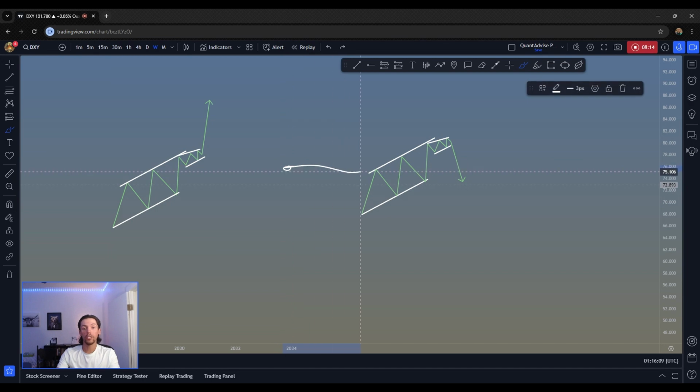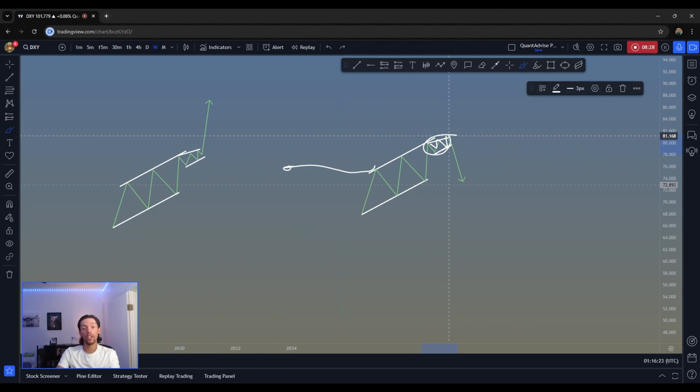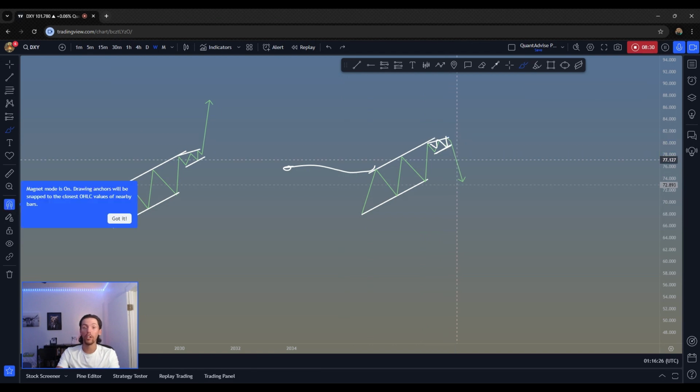I'm looking for the ascending to come, break above like this, and form a bit of a flag. It looks like a flag, but it's a hover, because this in a sense is a flag for a continuation, but this is a hover at the top of the structure.